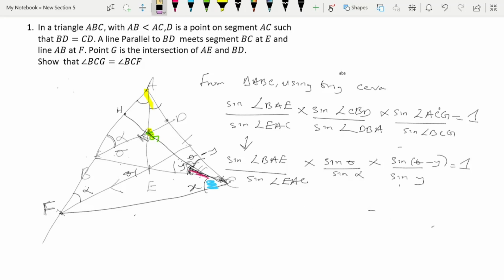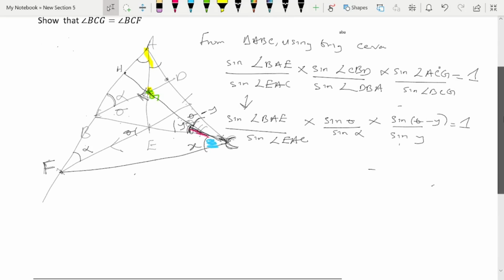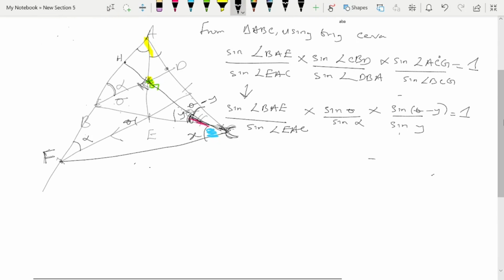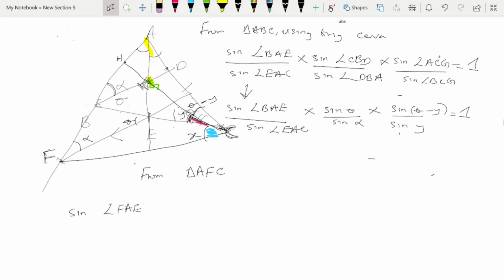So now you come to the bigger triangle, triangle AFC. This is point C, so we don't forget. From triangle AFC, we know that the sine of angle FAE, okay, let's extend this down so you can see.